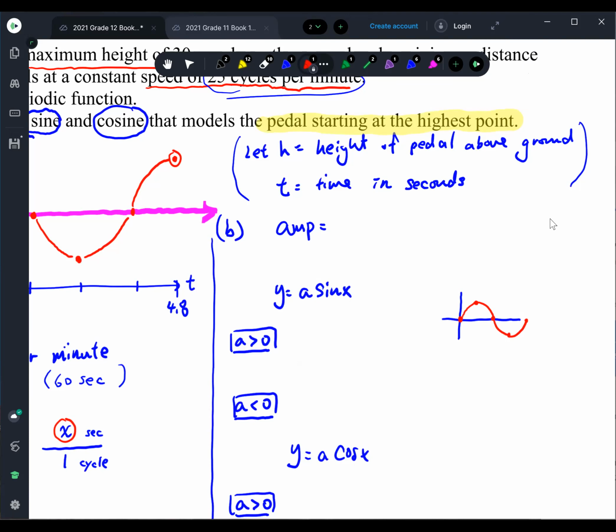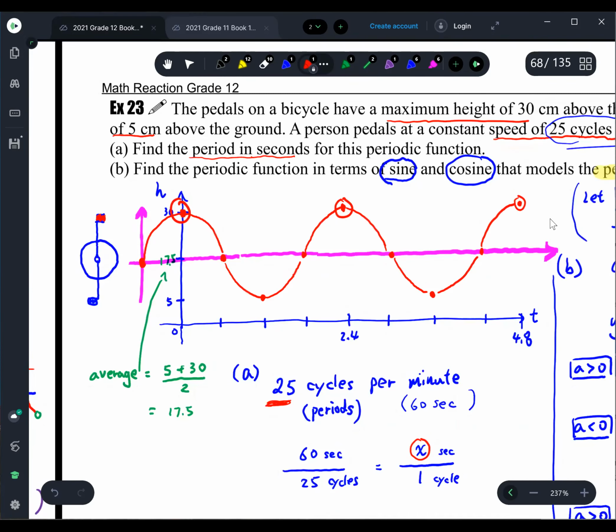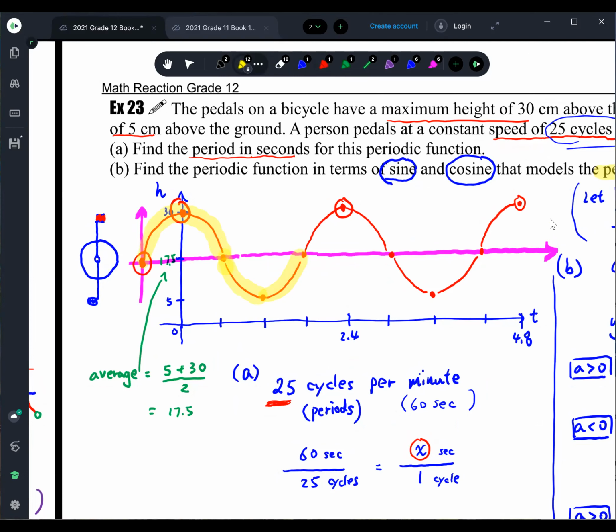So we go to the graph and see that we need to start from this point. That's why the pink line is on the left side. Starting from there, the graph will go up, down, down, up. The yellow part is the sine without reflection.